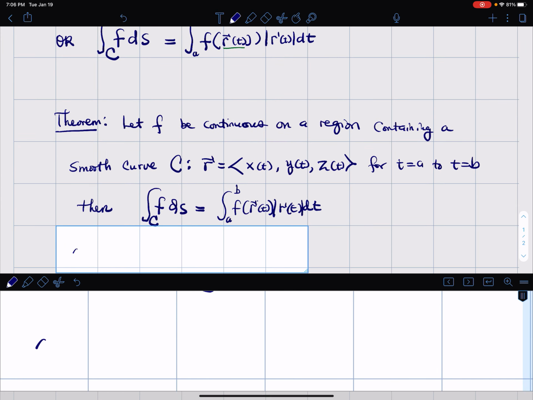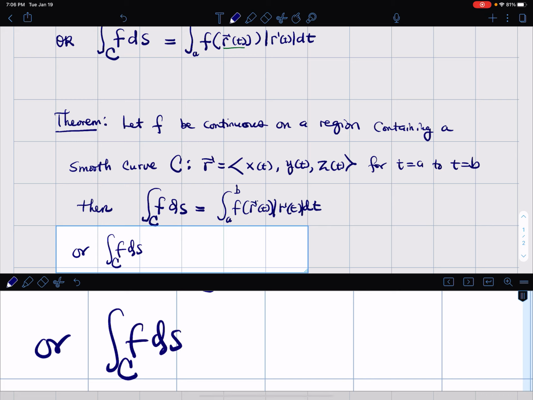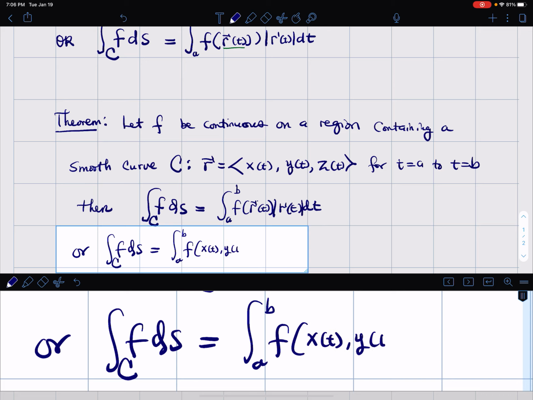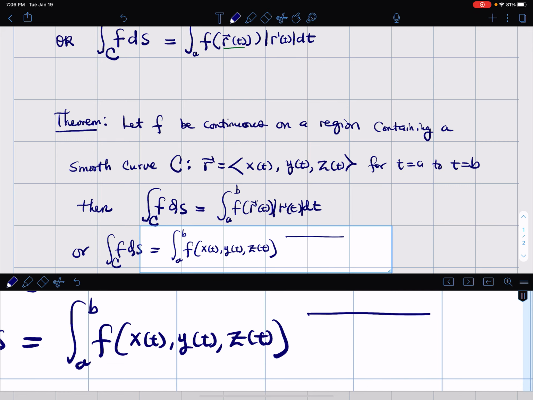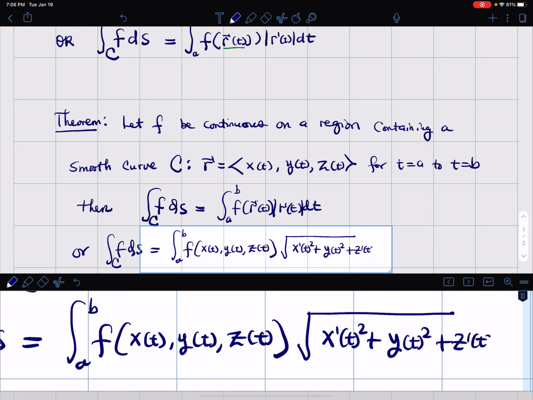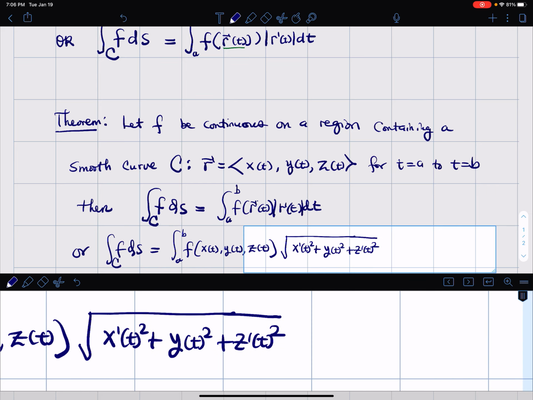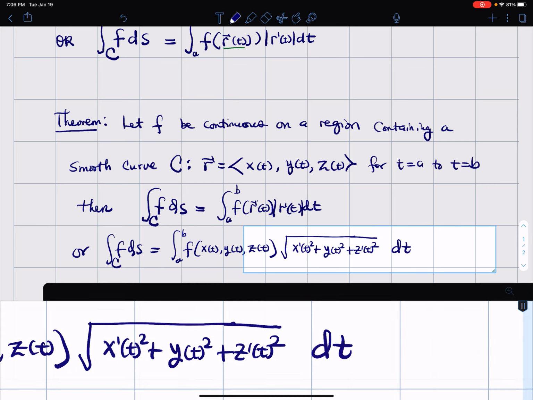Another way to write it is that the integral of f ds is equal to the integral from a to b of f of x of t, y of t, z of t, times the square root of x prime of t squared plus y prime of t squared plus z prime of t squared, dt.